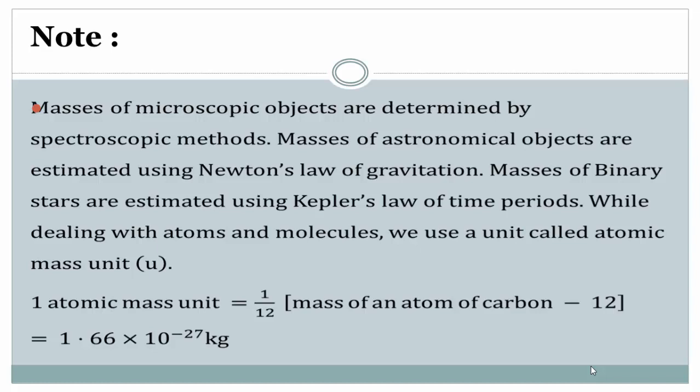The microscopic masses are defined using a unit, the atomic mass unit. What is this atomic mass unit? It is nothing but the 1/12th mass of a carbon 12 atom, which is equal to 1.66 into 10 raised to minus 27 kg.